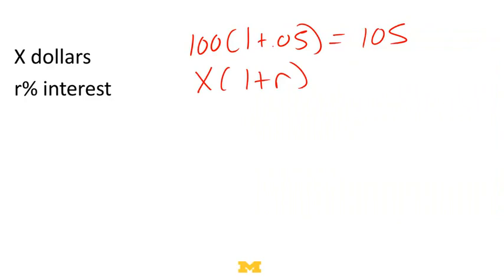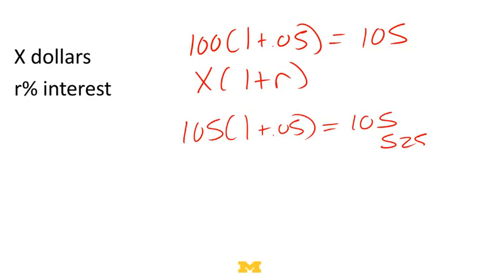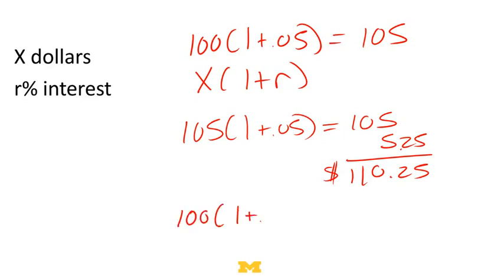Now if I put that 105 back in the bank, I'll get 105 times 1 plus 0.05, which is 105 plus 5.25, or 110.25. So at the end of 2 years, I'll have 110.25. If I kept this money in the bank for 10 years, I'd have 100 times 1 plus 0.05 raised to the 10th power, because I just keep multiplying by 1.05 times 1.05 times 1.05.